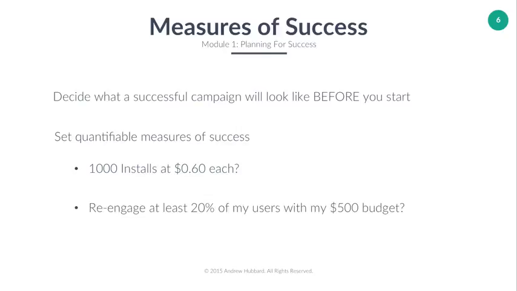For the next one, it's a re-engagement example, and we're saying you might want to re-engage at least 20% of your users who haven't used the app for 30 days with a $500 budget. Obviously I've just made those numbers up for the purpose of an example. Your budget's going to depend on how many users your app's got and all that sort of stuff.